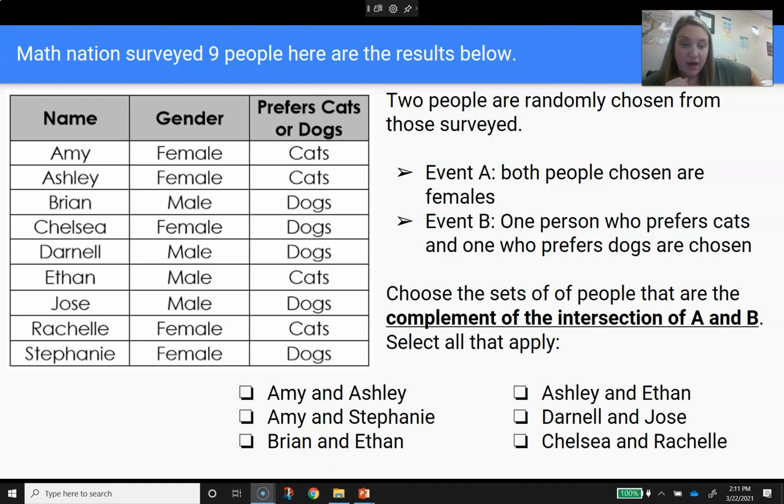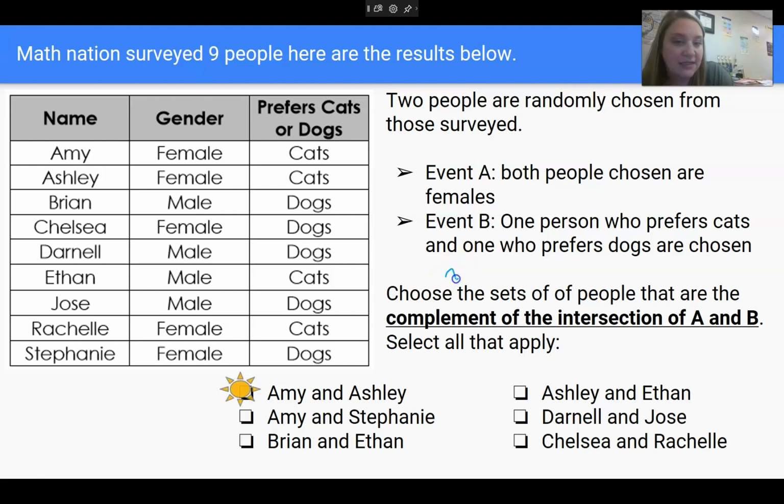Choose the sets of people that are in the complement of the intersection of A and B. Okay, so complement means not in the intersection. So remember, it's my intersection of A and B. Okay, not A and B. Well, A is that they're both female, right?